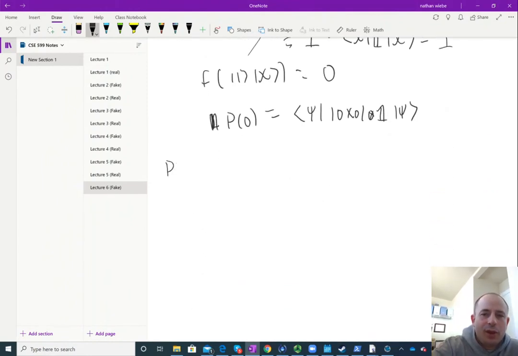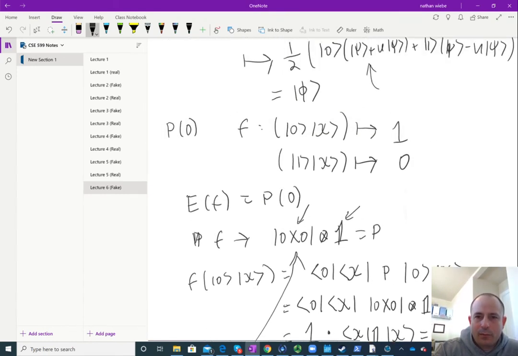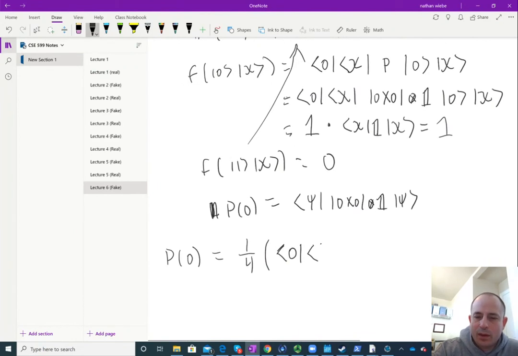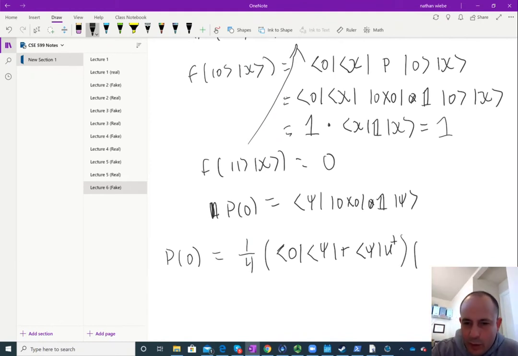So the probability of 0 in our case, substituting that back there, we get 1/4 of 0, psi plus psi u dagger, times 0, psi plus u psi.